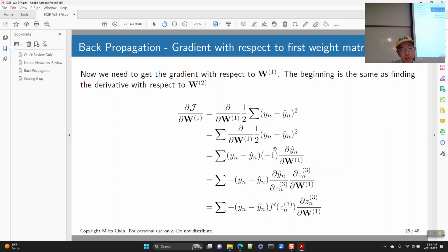Then we ask how it changes with respect to W1. The only thing that changes with respect to W1 is Y hat. Then we apply the chain rule: Y hat with respect to Z3 sub n, and how Z3 sub n changes with respect to W1. So we start off the same way we did when finding the gradient with respect to W2.